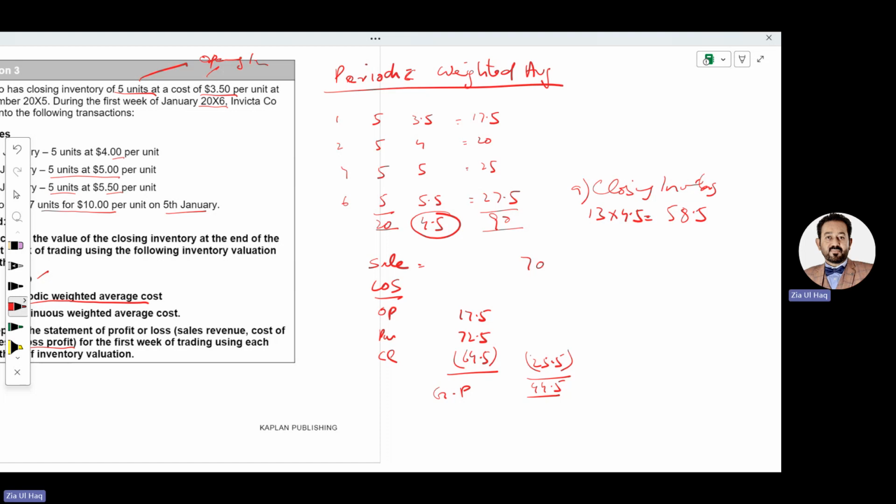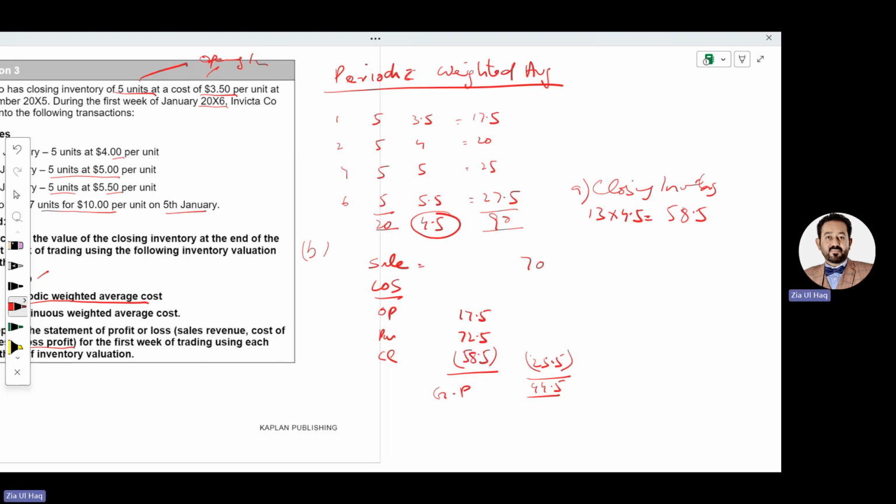Now moving towards requirement B, we need to calculate gross profit. So sale will be 70 as it is. Opening inventory will be 17.5. Purchases will be 72.5. So what will be the closing inventory figure? 58.5.